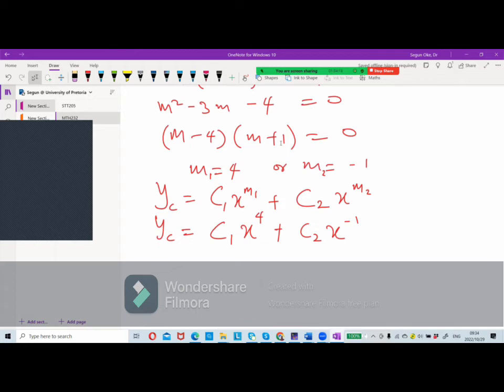We have a yc already. Remember that for us to solve this problem, the question is x squared y double prime minus 2xy prime minus 4y equals g.